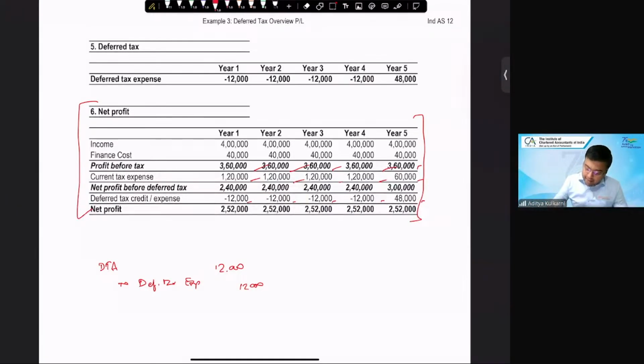So 1,20,000 minus 12, you will have 1,08,000 for the first 4 years. And in the fifth year, it will be 60 plus 48. So again, 1,08,000. Did you understand?